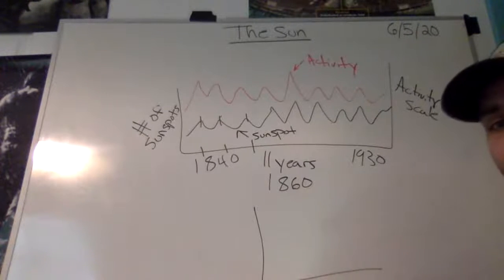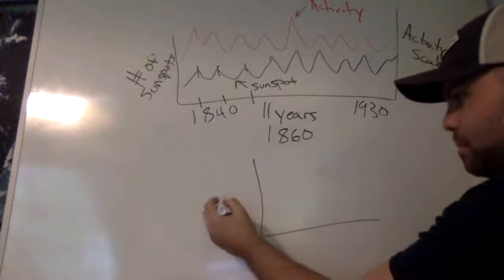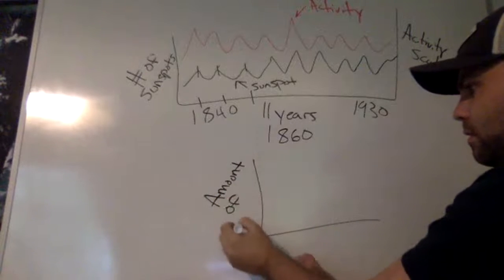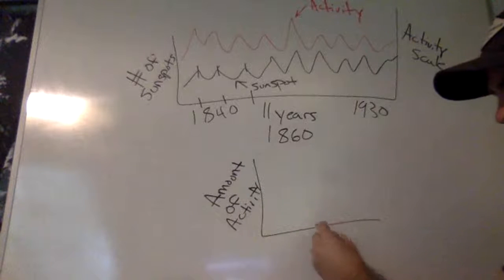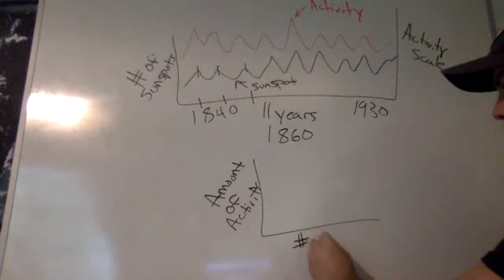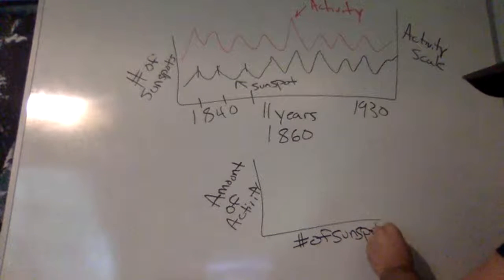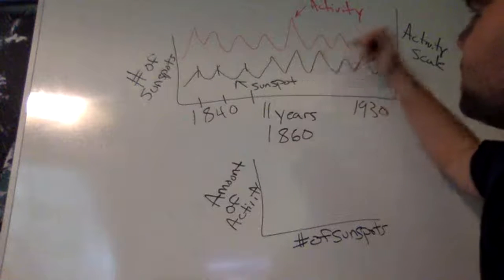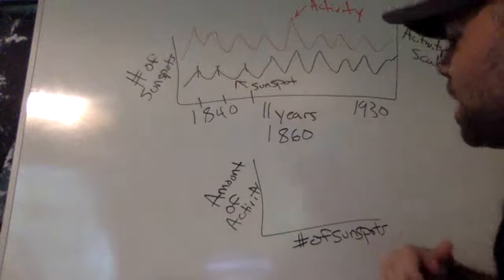Now, for number 3, what they ask now is the amount of activity and then the number of sunspots. So this is really important. Basically we're just looking at this chart and we're noticing that as the activity of magnetite goes up, so do the sunspots.